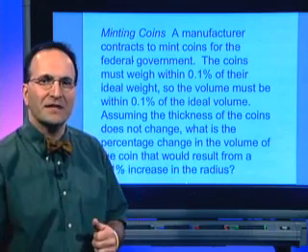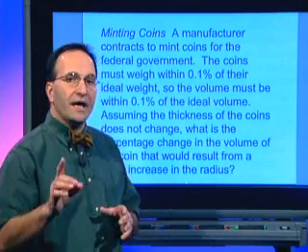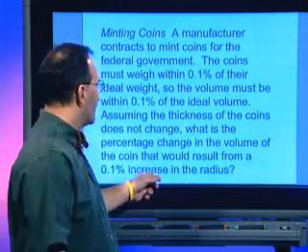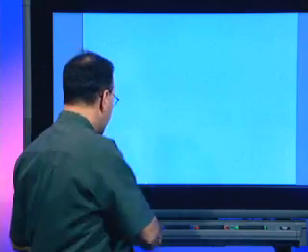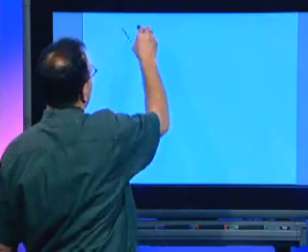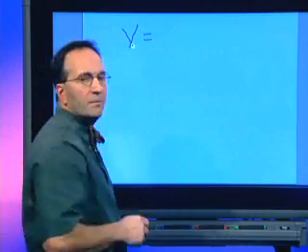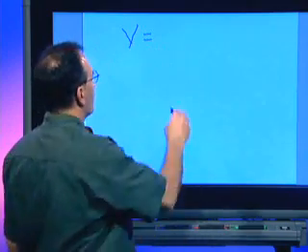Let's find out how you did on that. What we need to do is write down the volume of what a coin would look like. And a coin is really a flat cylinder, right? It doesn't have much height to it. But it is the formula for a cylinder, which of course we know is volume equals pi r squared h.